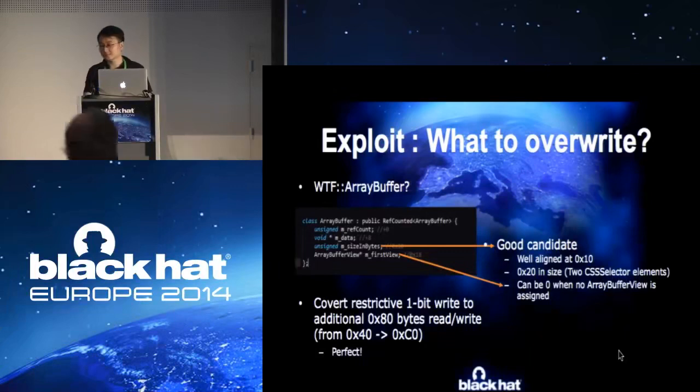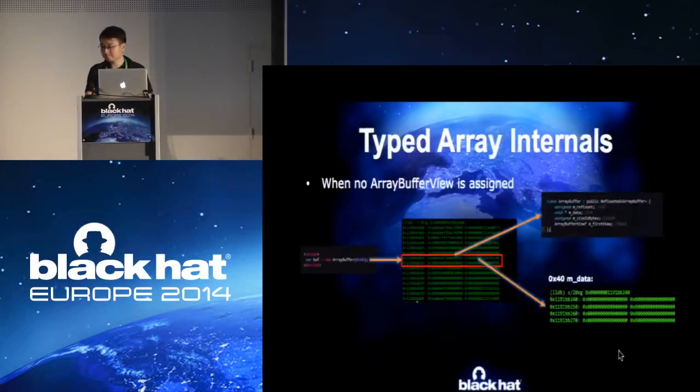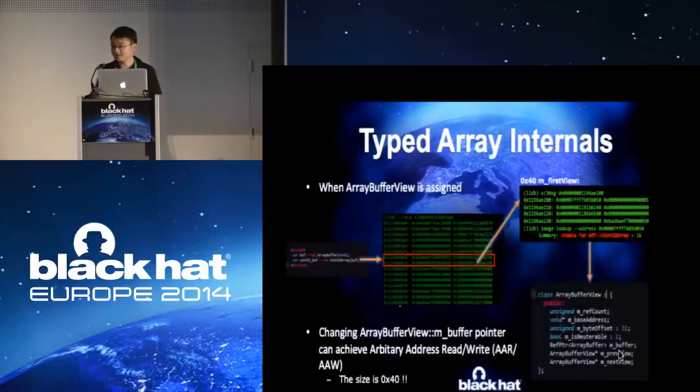Otherwise, it is 0, which is quite good. When no array buffer view is assigned, the memory layout is like this, and the fourth field is 0. However, if the array buffer view is assigned, then the first view pointer should be a valid pointer.